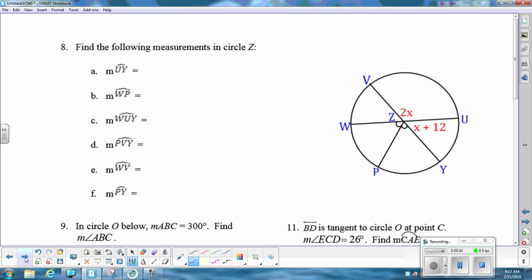This time we have arcs. Remember the relationship between our central angle and our arcs. First we need to solve for x. Right here we have the line, so we know that 2x plus x plus 12 has to equal 180 degrees. So we solve for x.